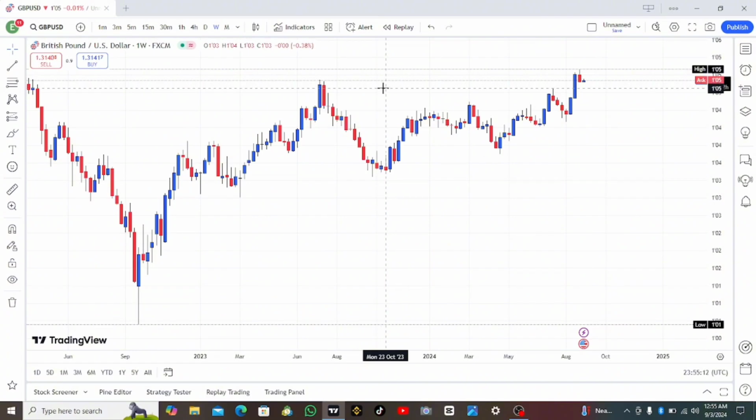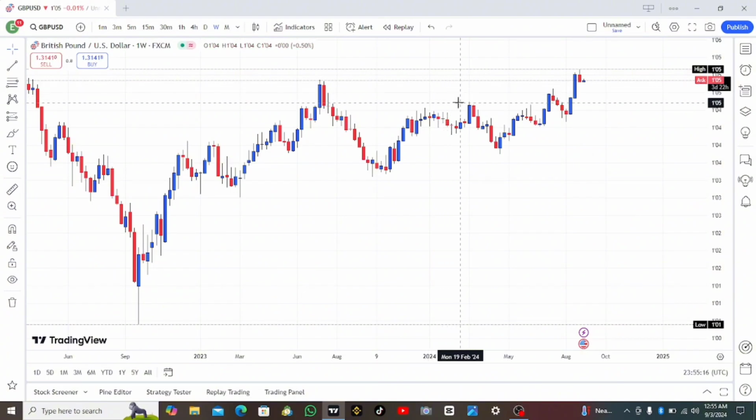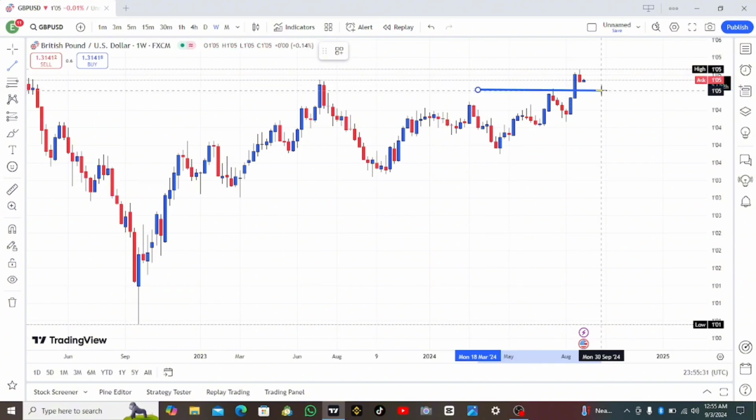We are expecting the market, if not to break down, to come to a resistance level, to come to a support level, maybe somewhere around here. And this is a higher time frame. Understand?